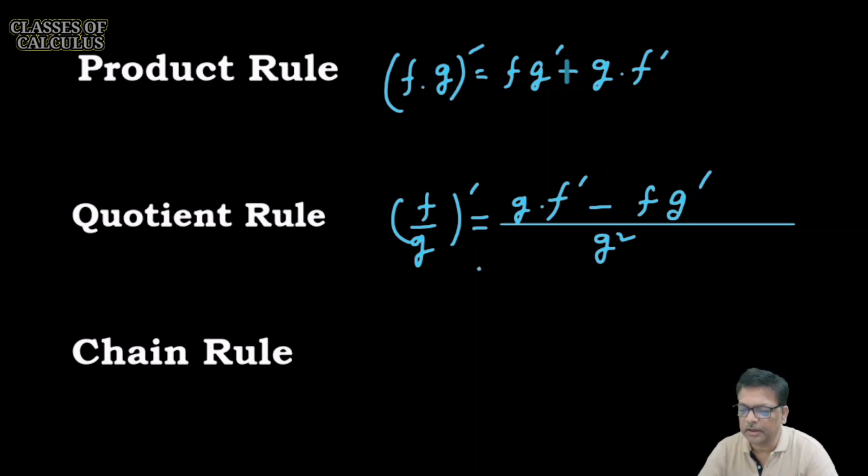So you have this formula which is known as the quotient rule, and you can also apply these rules frequently.